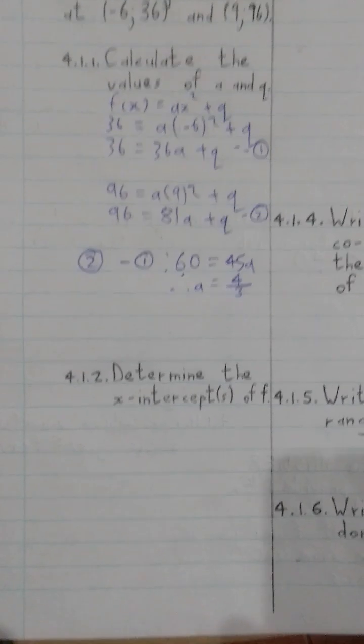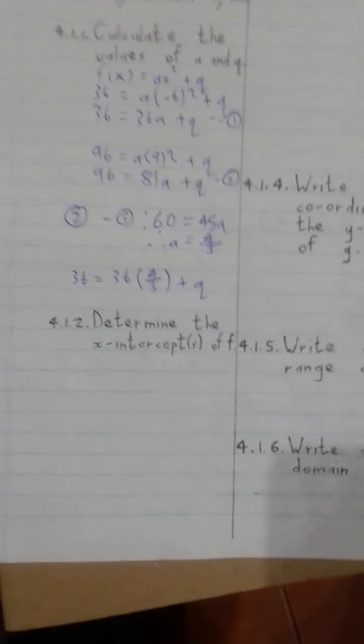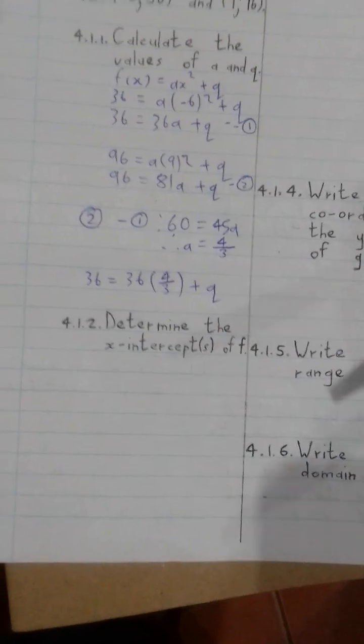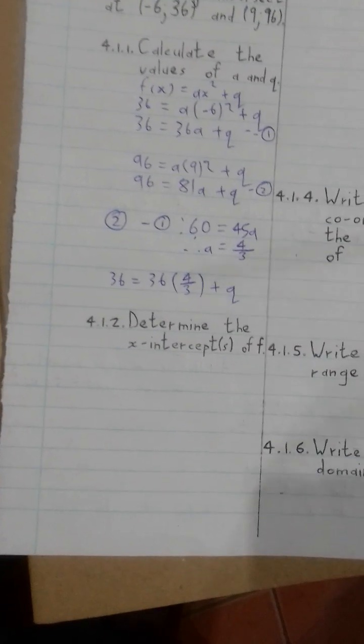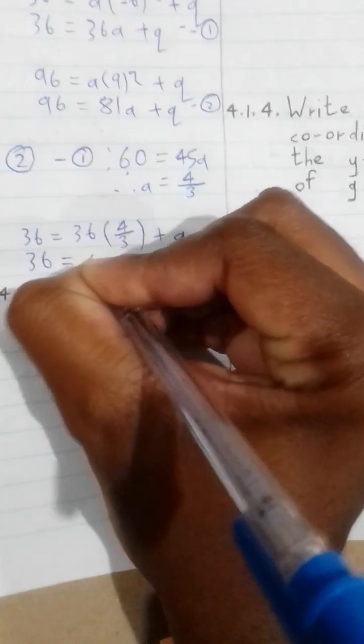We have found a. Then we substitute a into equation number 1. 36 equals 36 times 4/3 plus q. 36 times 4/3 is 48, plus q.